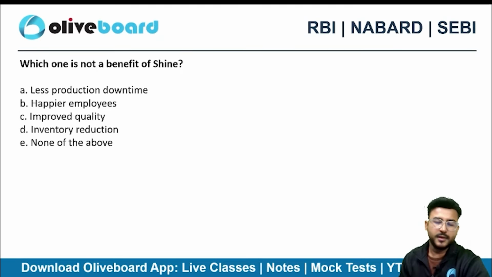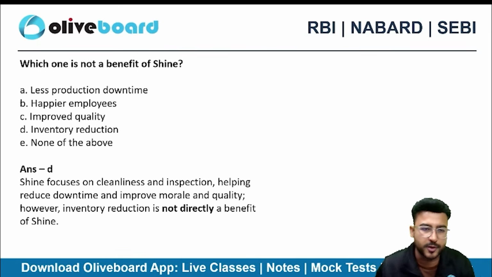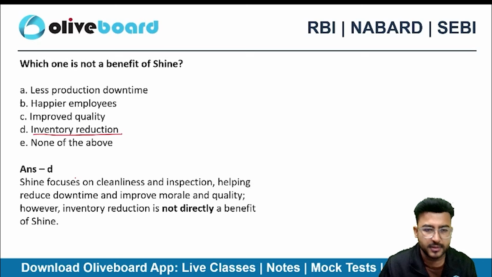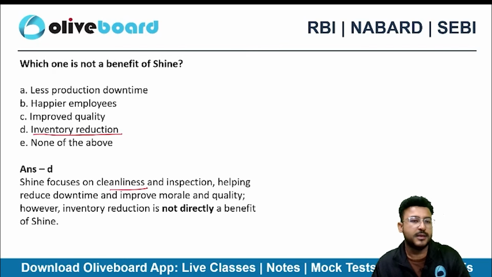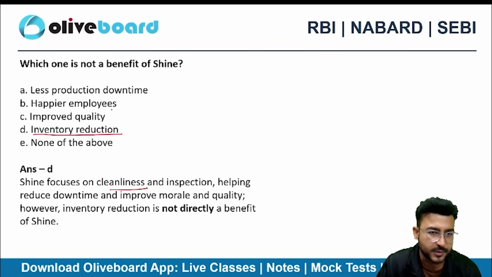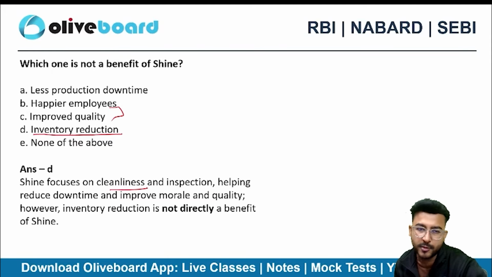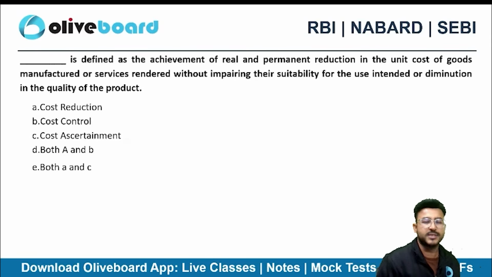Perfect. Inventory reduction won't be a benefit of Shine, right? Because in Shine, we focus on maintaining cleanliness. This reduces downtime, makes the employee happy, and improves the quality, but reduction in the inventory won't be possible because of Shine.